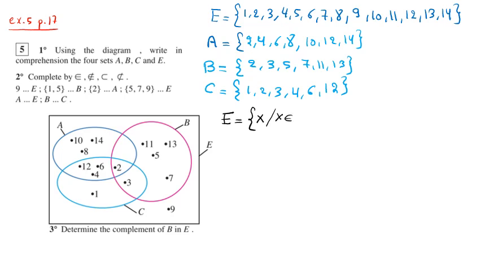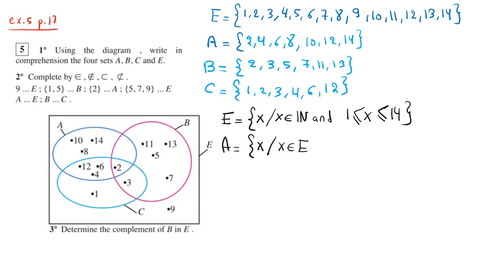X belongs to N, and X is between 1 and 14, greater than or equal to 1 and less than or equal to 14. This is the set E. Now A, B and C are subsets of E. So we start X such that X belongs to E.